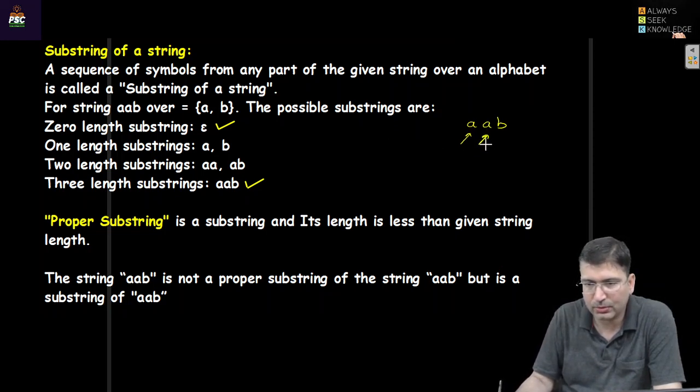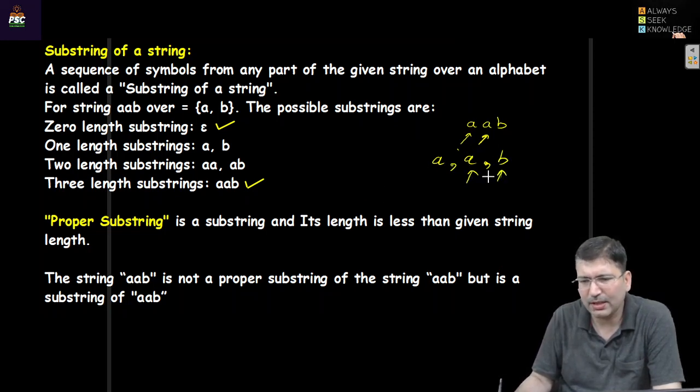Again A is repeated, so A is repetitive and you just consider it once. For one length substrings of AAB, these are A and B, right? And if you try to find the two length substrings, then you can say AA or AB.